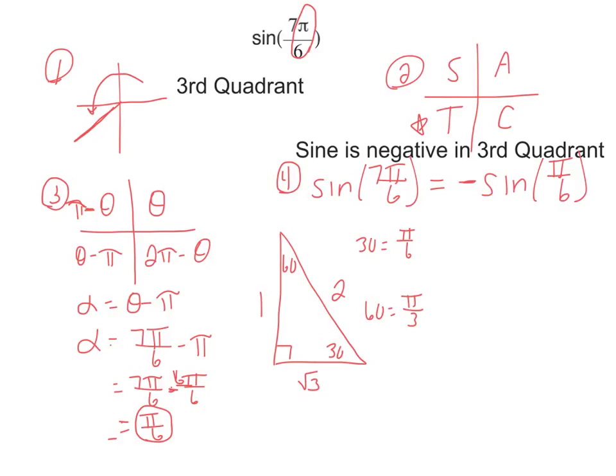Remember, sine is opposite over hypotenuse. So in this case, we're going to have negative, your opposite side is the 1, over your hypotenuse, which is always the side opposite your right angle, is the 2. So your answer here is negative 1 over 2, or negative 1/2. So sine of 7 pi over 6 is equal to negative 1/2.